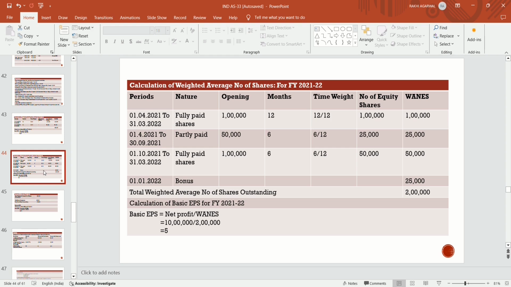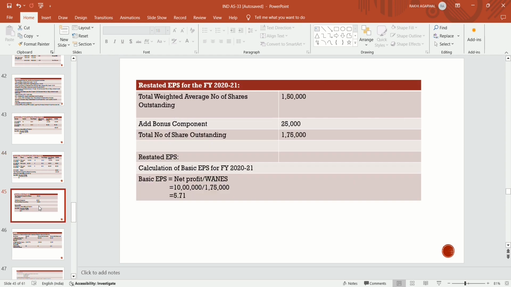Now restate the basic EPS for the financial year 2021, because the bonus component is there in the financial year 21-22. If we prepare the financial statements of the financial year 21-22, we have to restate the comparative figures of 2021 by giving the bonus effect.